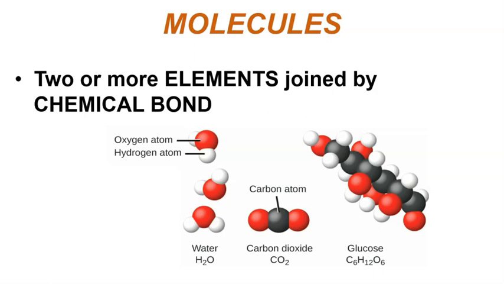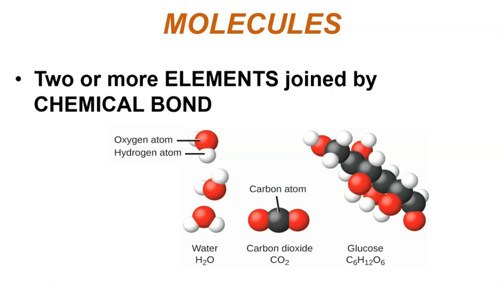We'll turn our attention briefly here to the molecules. And molecules, as I mentioned before, are 2 or more elements that are united or joined by a chemical bond. We've already seen a few examples of some important molecules. I gave an example of water being an important molecule that's made out of hydrogen and oxygen.